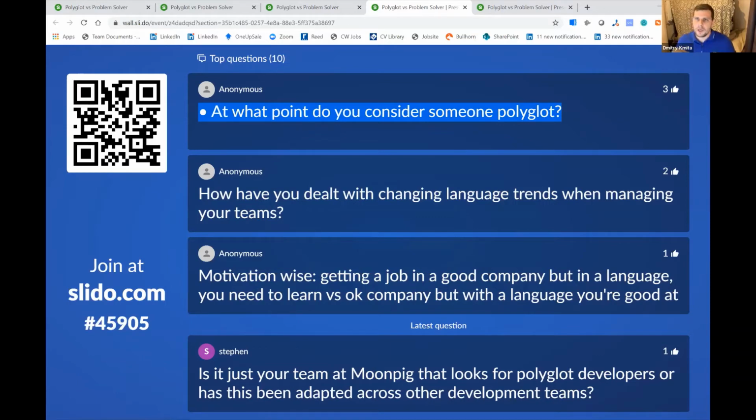Like if your attitude is about knowing as many technologies and as many languages, as many data storages as possible, that probably creates a polyglot mindset in yourself. Whereas if you think about what do I need to learn to solve specific business problems, that will create a problem-solving mindset.